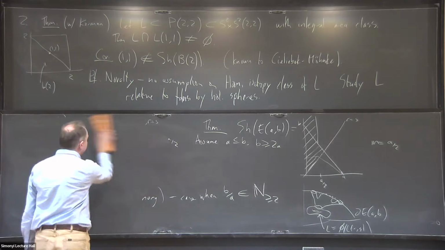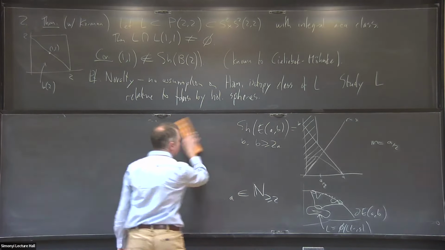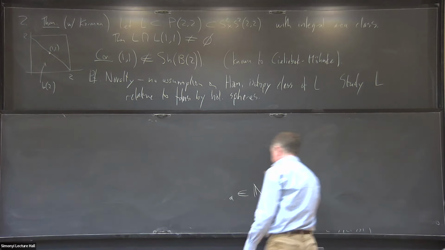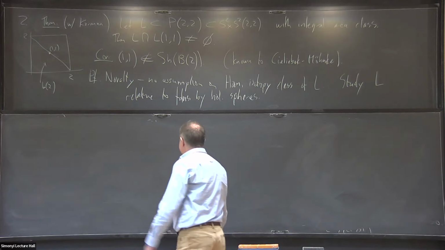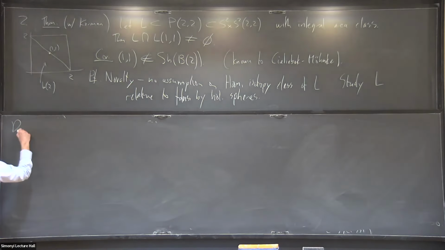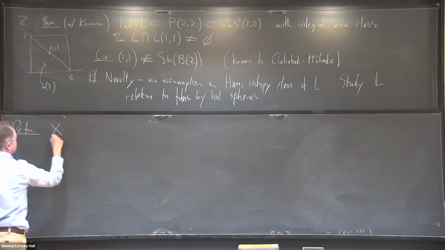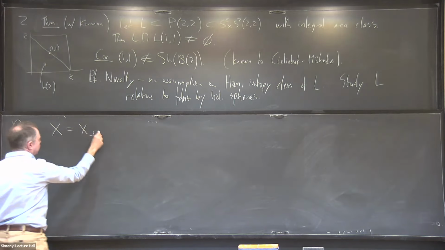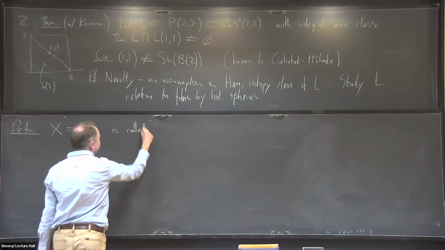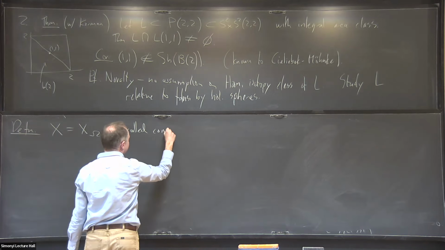So, for example, another definition here. X, some toric thing. This is not convex in the usual sense, but we're going to call it convex.